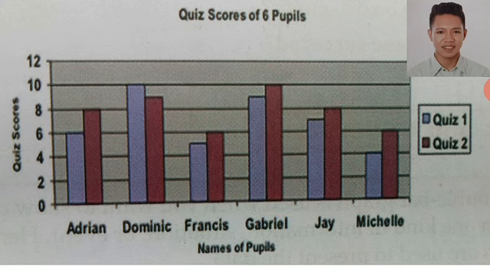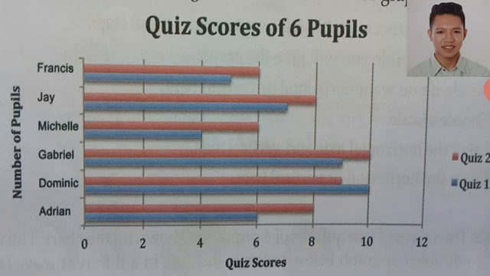You will just change the axes: now the scores must be in the horizontal axis and the names of the pupils are written on the vertical axis. After that, that's the time for you to graph.